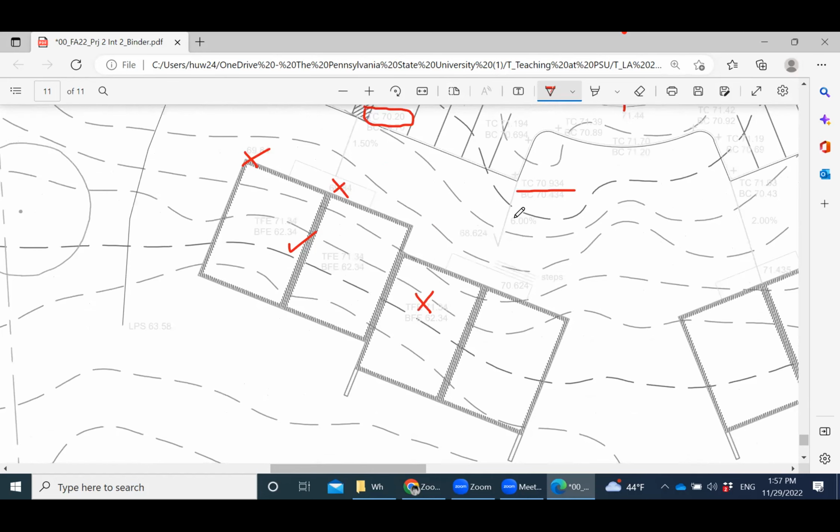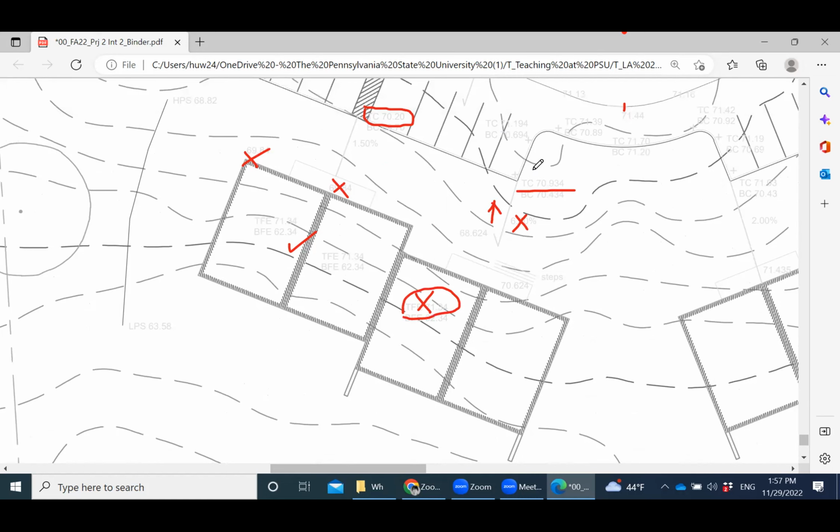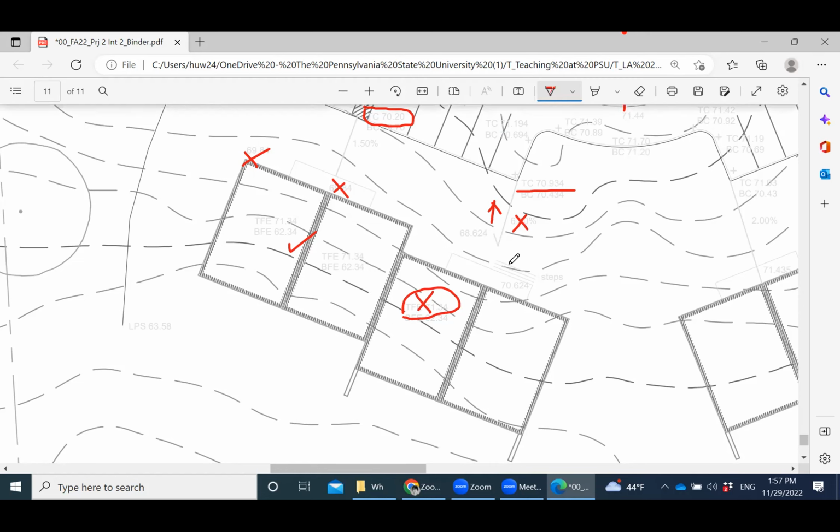And this couldn't be 6%, right? Because this is a very small difference between the 71.34 and your 70.9. Very likely you have a higher TFFE, no steps, and probably use 2% slope to recalculate the TFFE, and that would be the correct number.